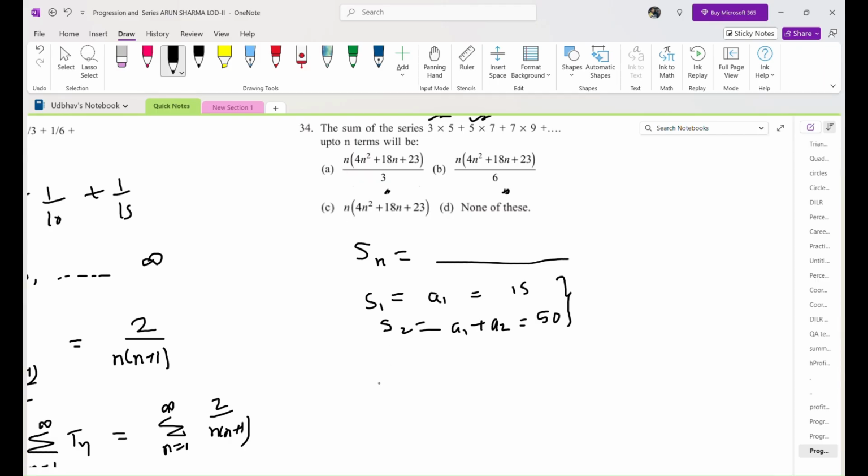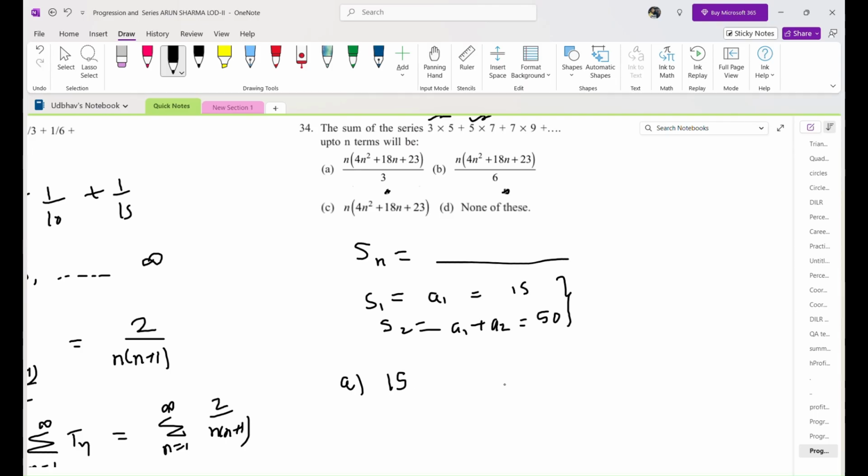If we see the first option, option A, if we put n equals 1, we'll get 1 in the numerator, 4 plus 18 plus 23 gives us 45. 45 divided by 3 gives us 15.